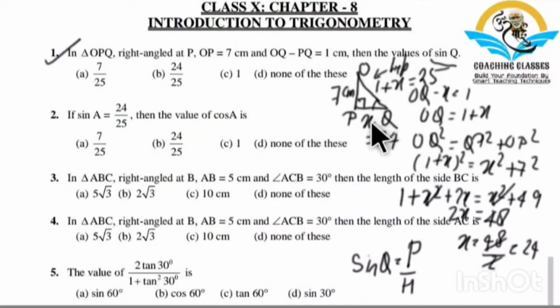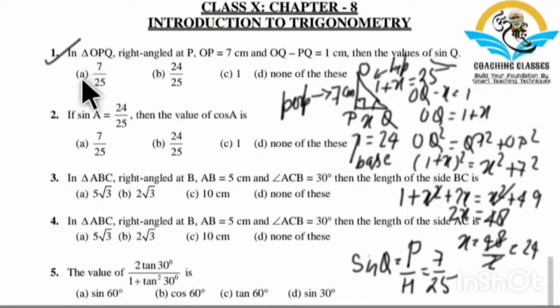The side adjacent to the angle is known as base, and this one is perpendicular. Therefore sin Q equal to perpendicular by hypotenuse, that is 7 by 25. So here option A is correct.